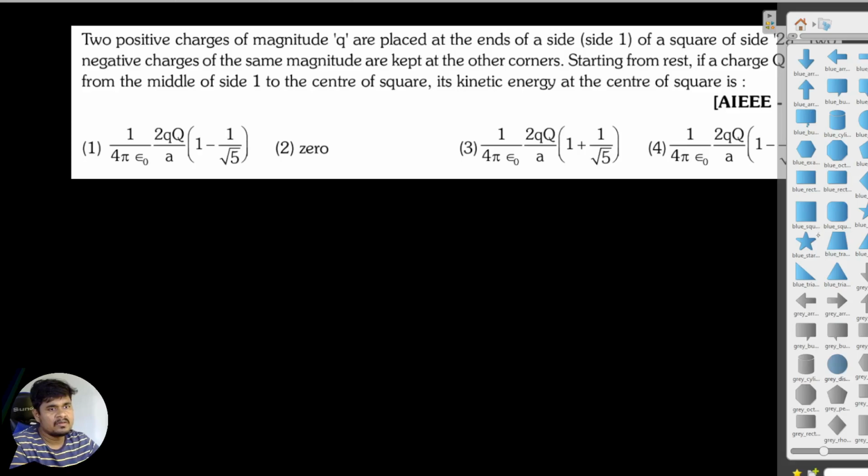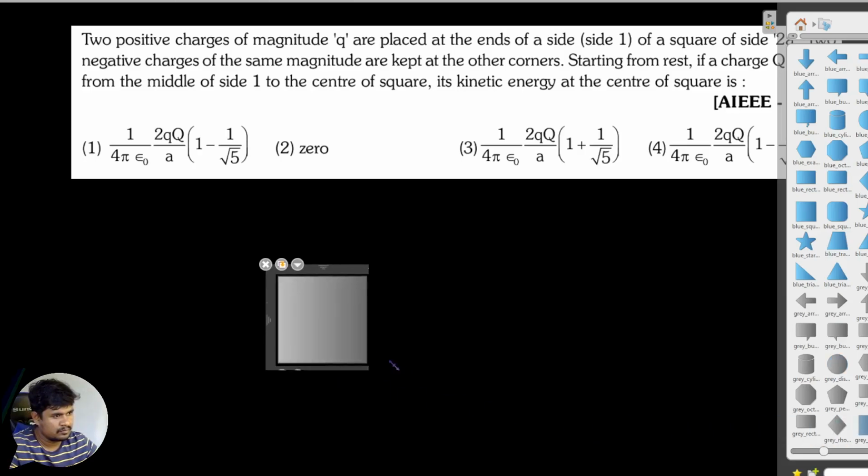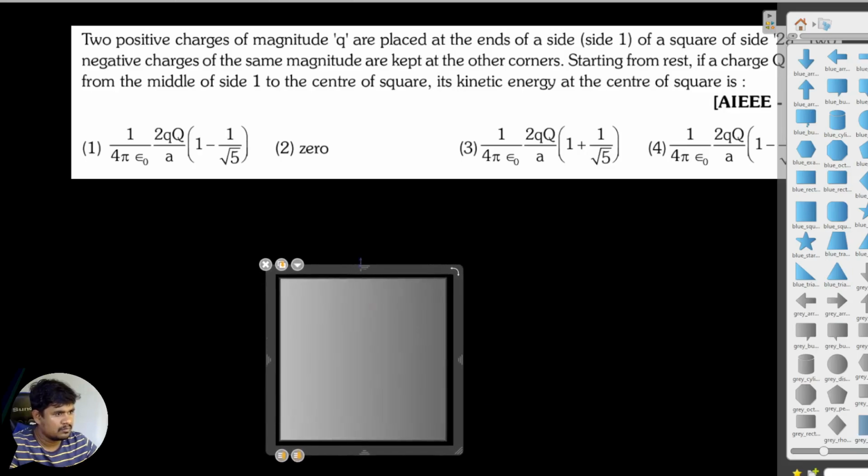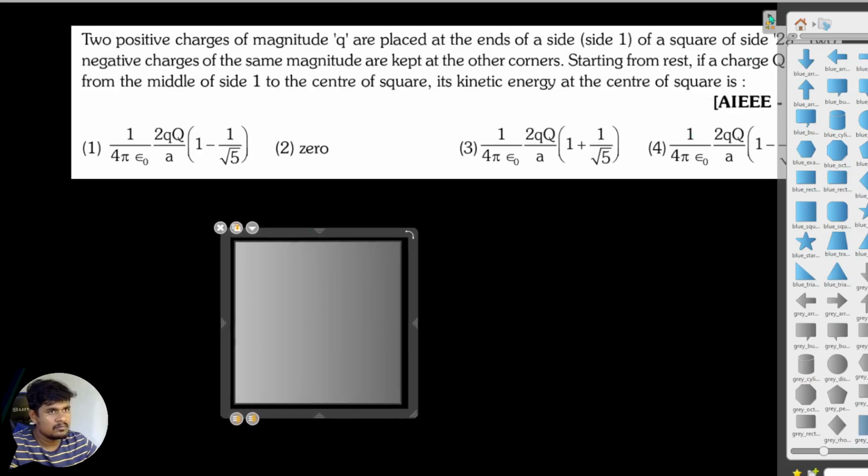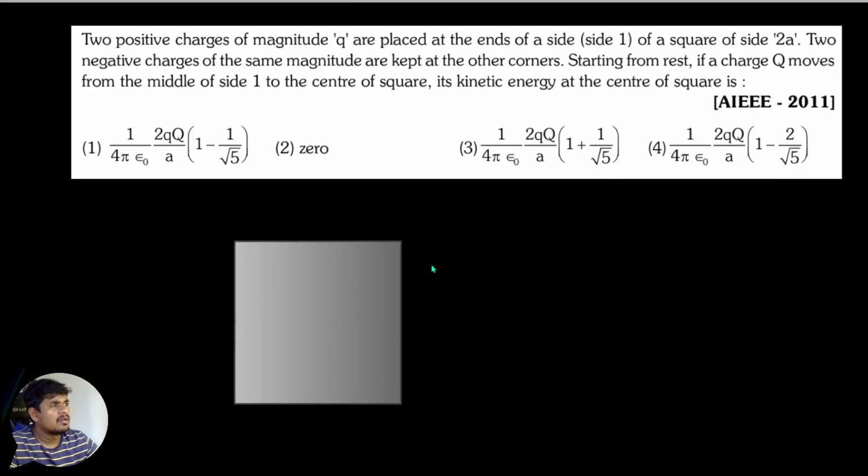Okay, so we have a square here. It is said that two point charges of magnitude q are placed at the ends of side 1 of a square of side 2a.